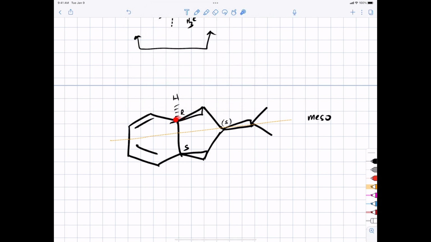Now, I'm not sure what the rule is for assigning R versus S, because as I went out, it looked like they were going to be bonded to the same sorts of things, though you could argue that a tertiary carbon is different from a secondary carbon that's doubly bonded.